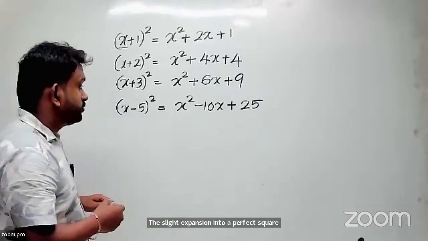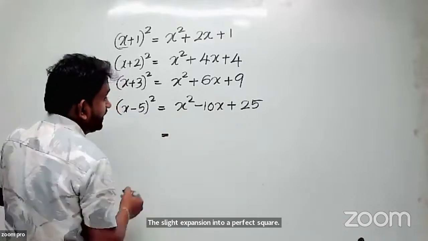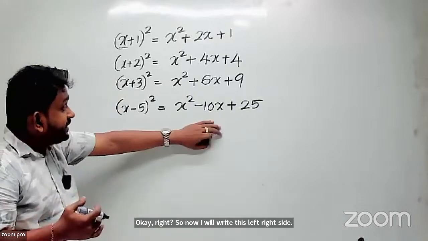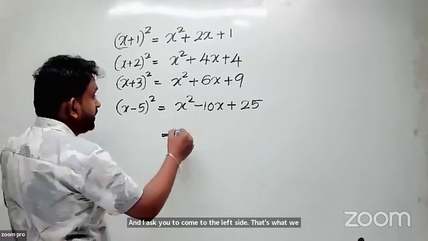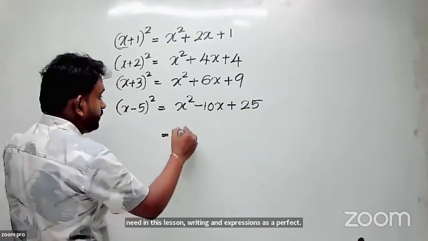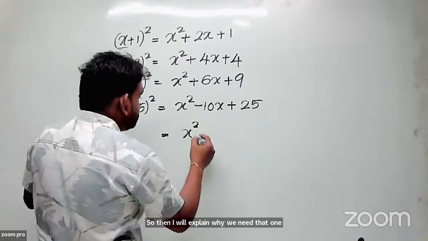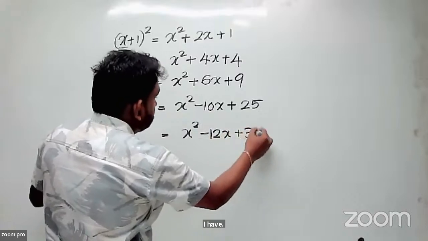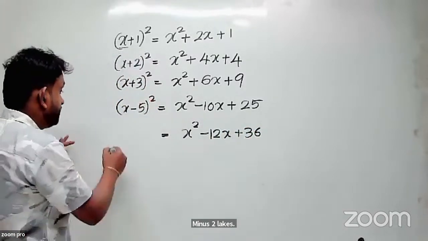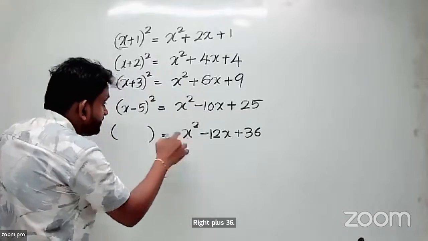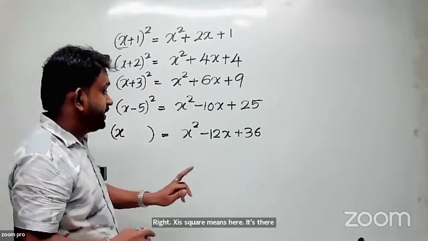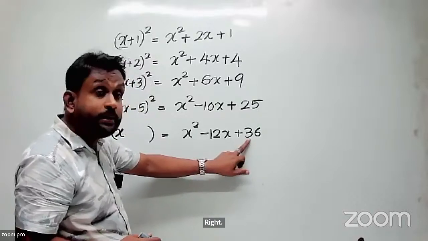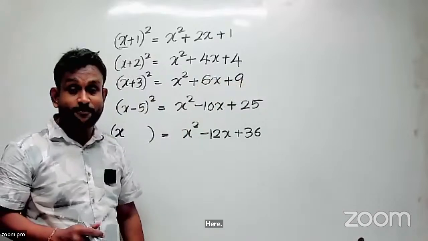Remember that is how we convert the expansion into a perfect square. Now I will write the right side and I ask you to come to the left side. That is what we need in this lesson: writing an expression as a perfect square. Then I will explain why we need it. x squared minus 12x plus 36: how do we write the perfect square? x squared means x there, and 36 is 6 squared.